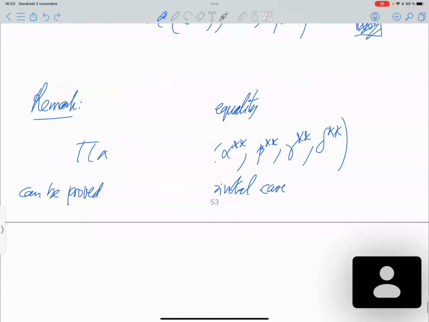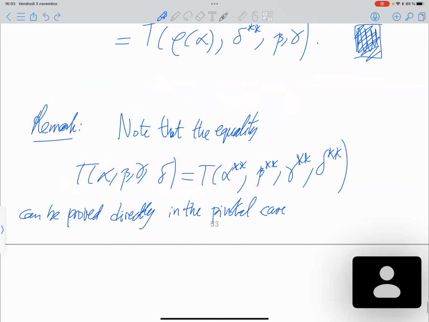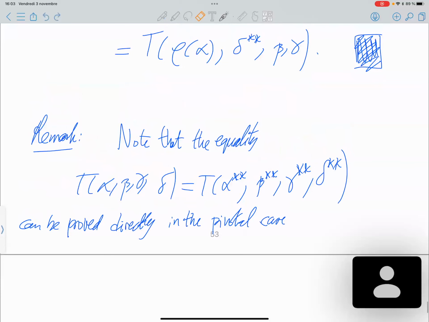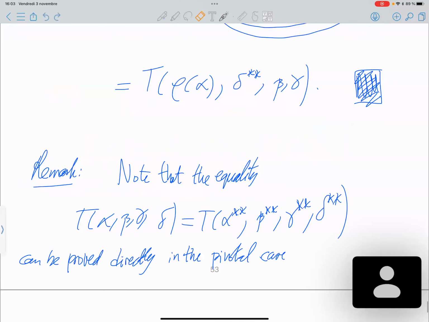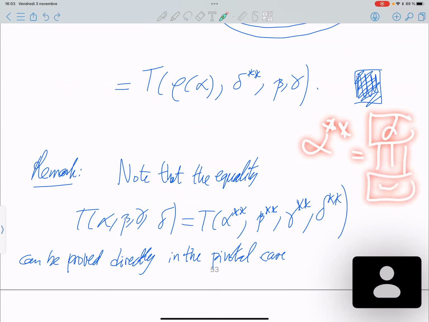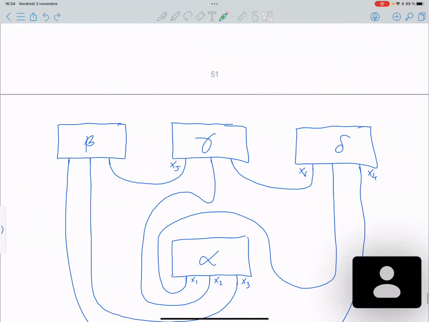So it's a good exercise, in fact. You can draw the picture, and you replace all that by what you get by the definition of pivotal structure. All the pivotal structure will combine together.